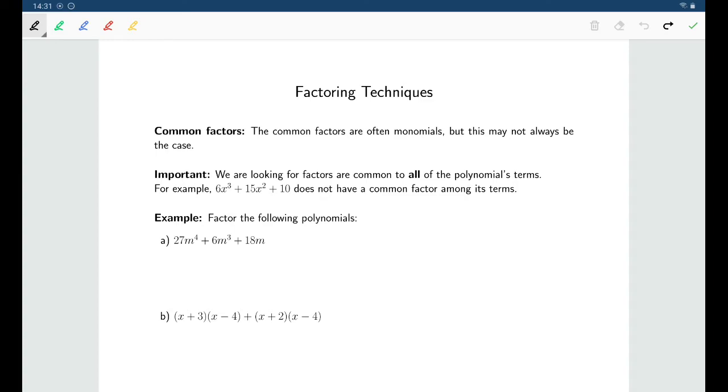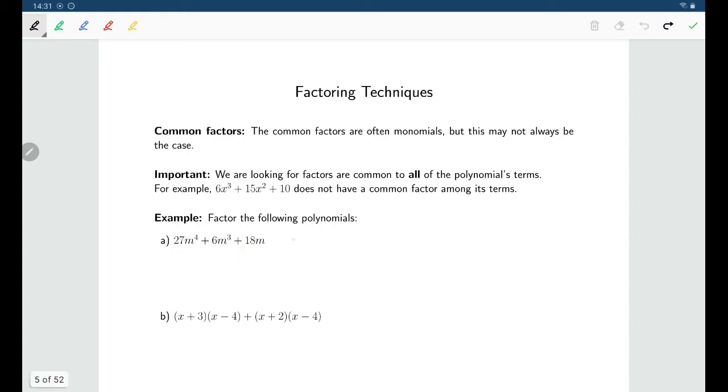Now, on the other hand, these two examples of polynomials that I have here are ones where common factoring would help us. If we're looking at example A, you can see that all three terms have m's in them. And if we're looking further, all three terms are divisible by 3. 3 happens to go into the 27 as well as into the 6 as well as into the 18.